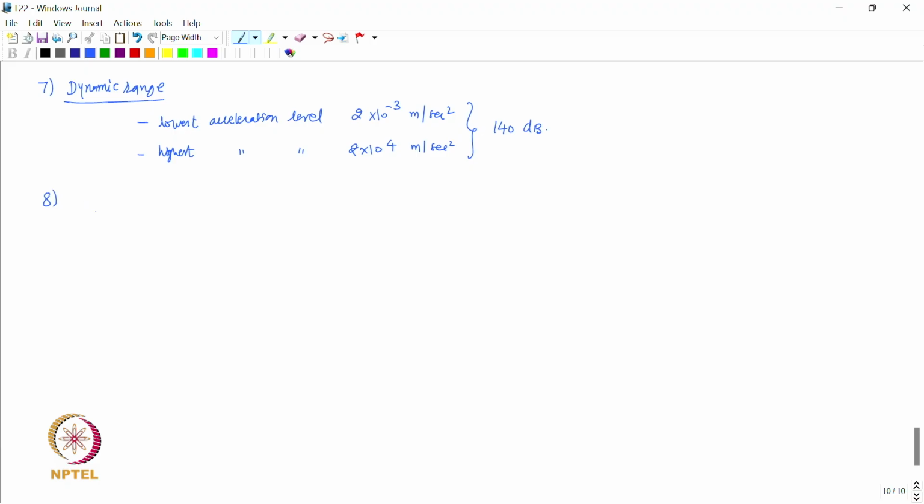Another relevant parameter is transverse sensitivity. Let us sketch the accelerometer first.